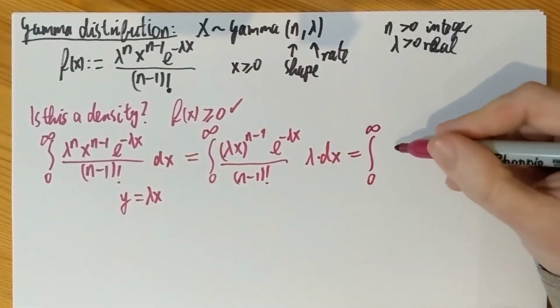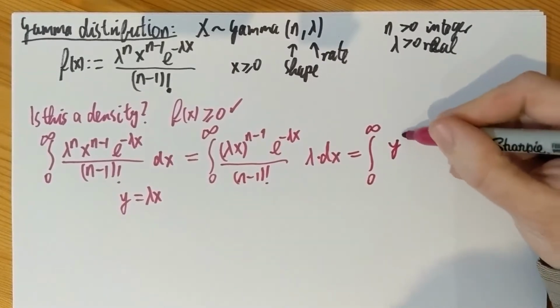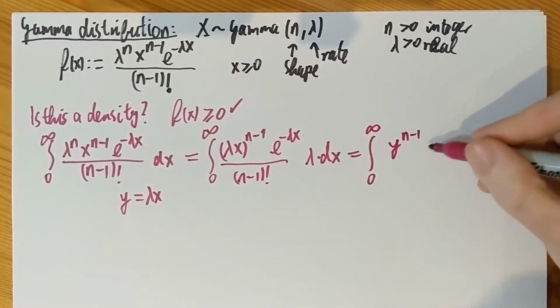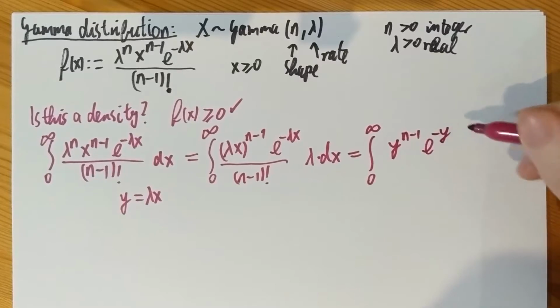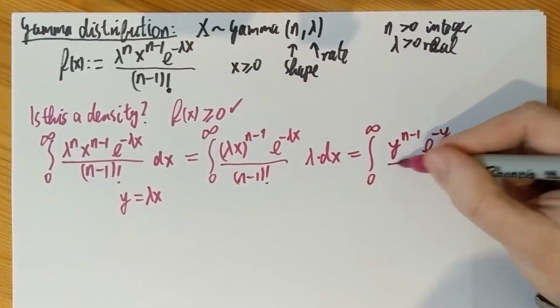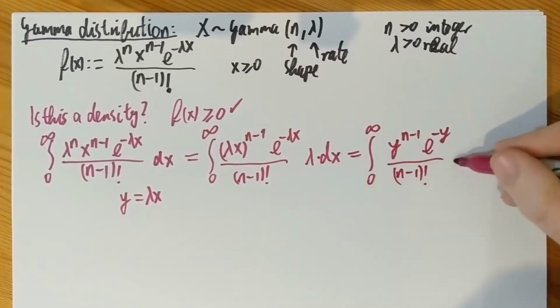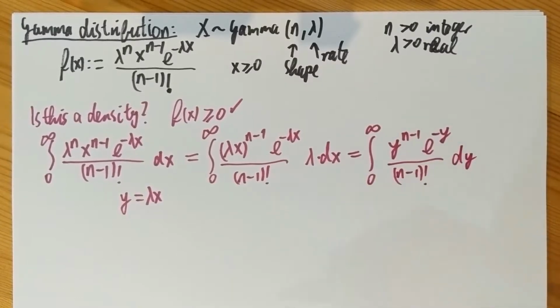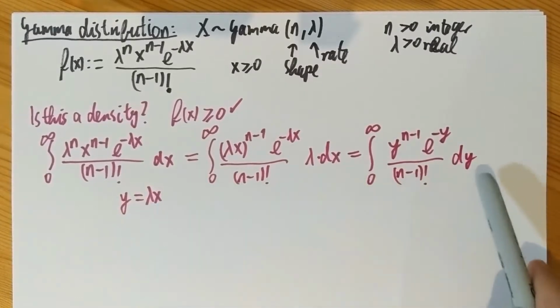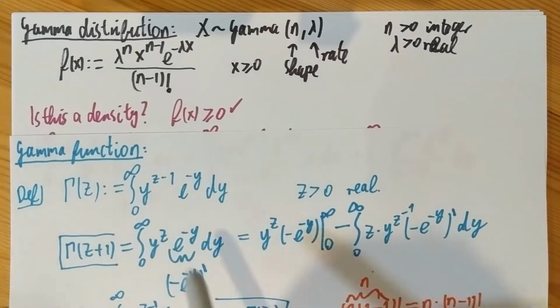I'm going to substitute y here for lambda x. I'm going to substitute y there in the exponent as well for lambda x. And I'm going to substitute dy for lambda dx, because if y is lambda x, then of course dy is lambda dx.